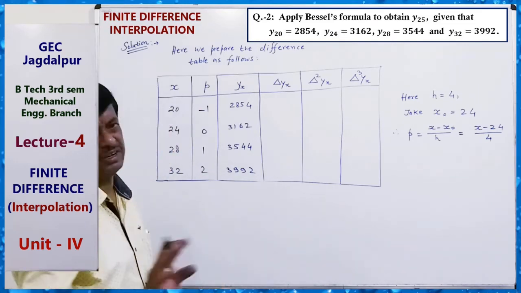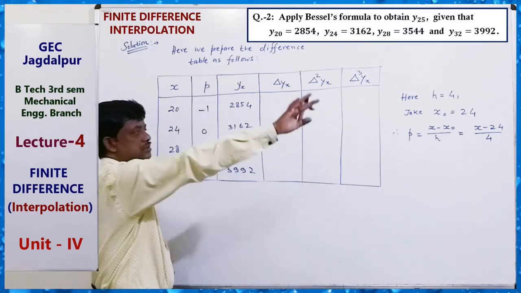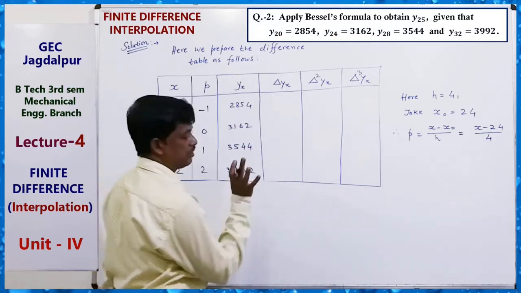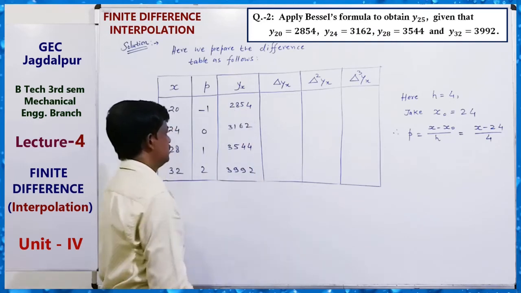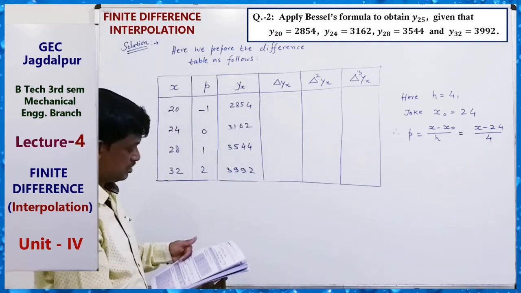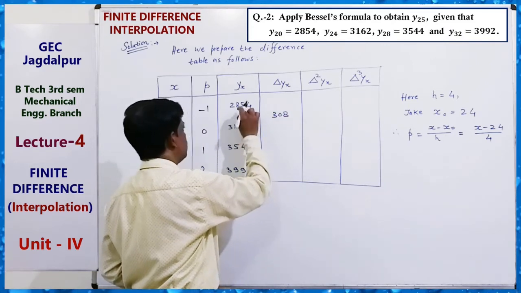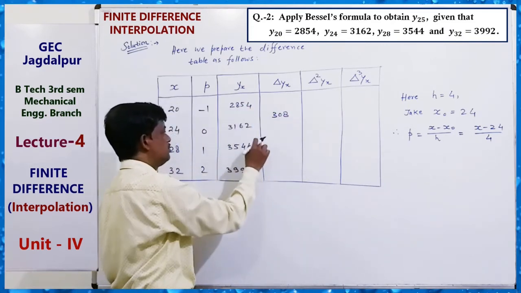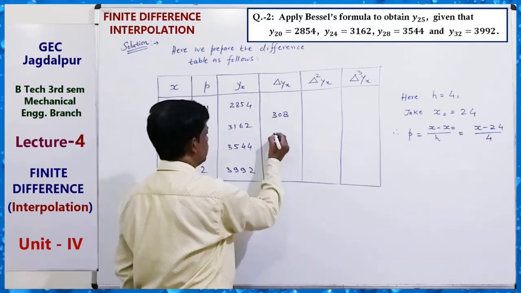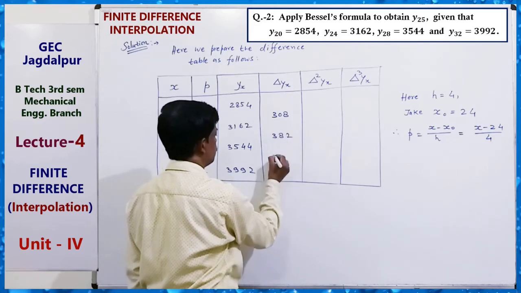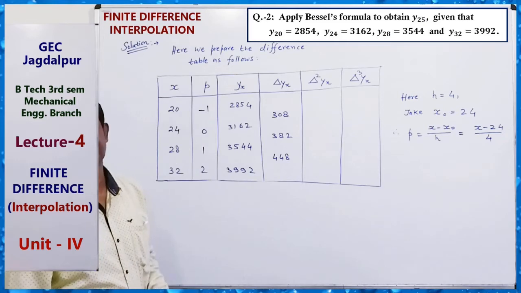Okay. Now prepare the table. This is the value of p, this is the origin point, the center line. Now here, the difference.